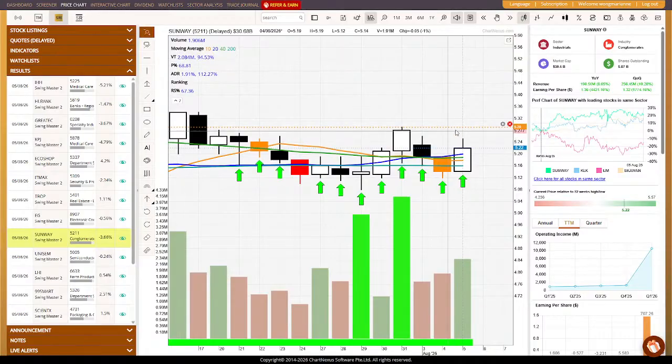So we have the price trigger here, which is 529 cents. VT is the volume trigger. And so we will wait to see if Sunway, when it triggers the price of 529 cents, is trading at the volume that we want. And the volume that we want would be 2.186 million. Okay, can you see it right over here?